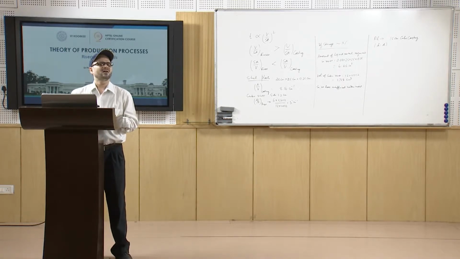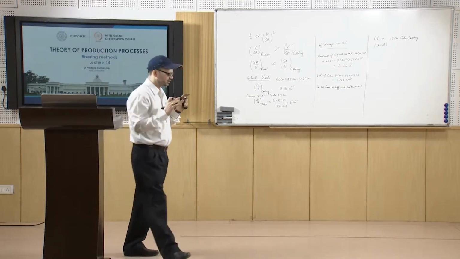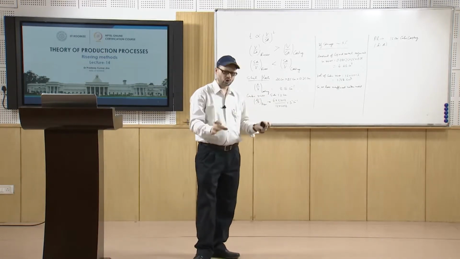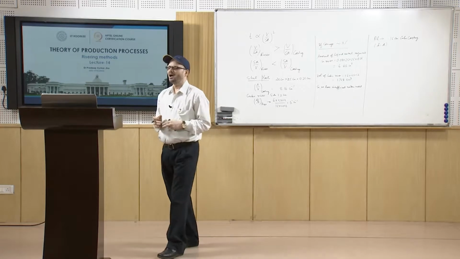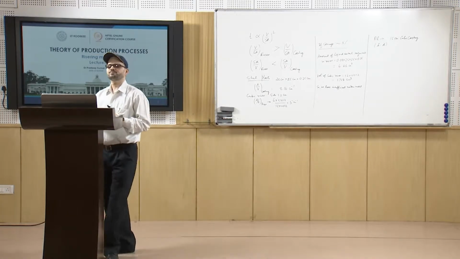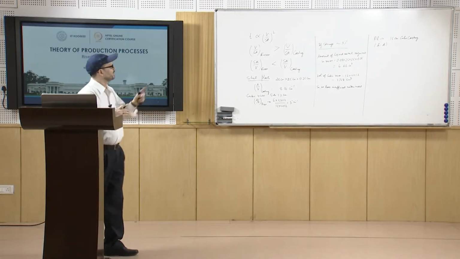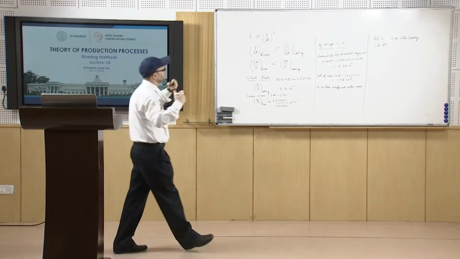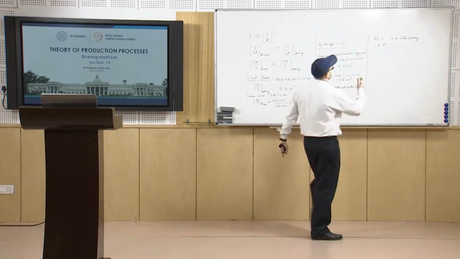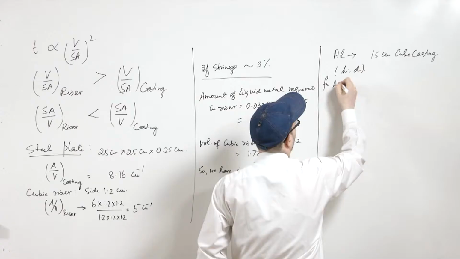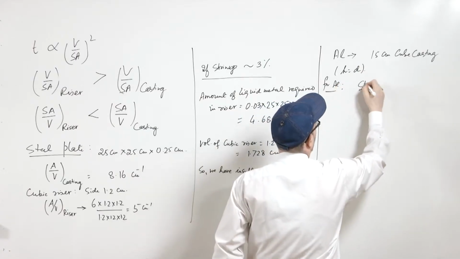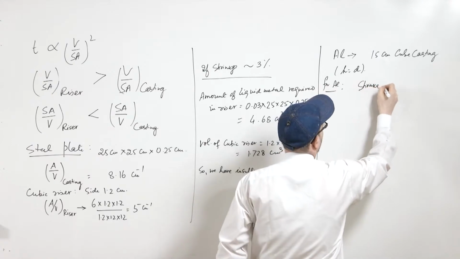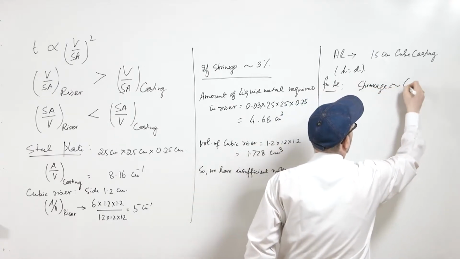Let us see how it works out for this casting of aluminum, which is a 15 centimeter cube. Suppose for aluminum the shrinkage is 6.7%.